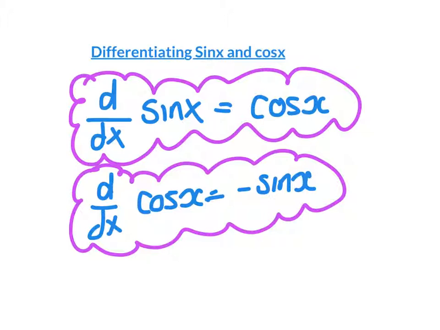You're going to want to remember these. Something like this is available in the formula sheet, but it's not quite in this form, and it's just easier if you remember. So the derivative with respect to x of sin x is cos x, and the derivative with respect to x of cos x is negative sin x.